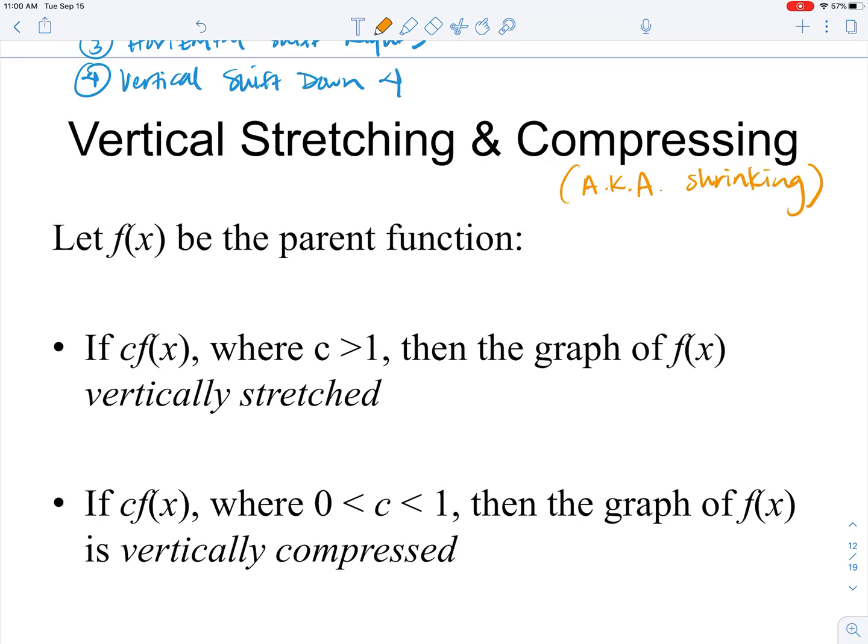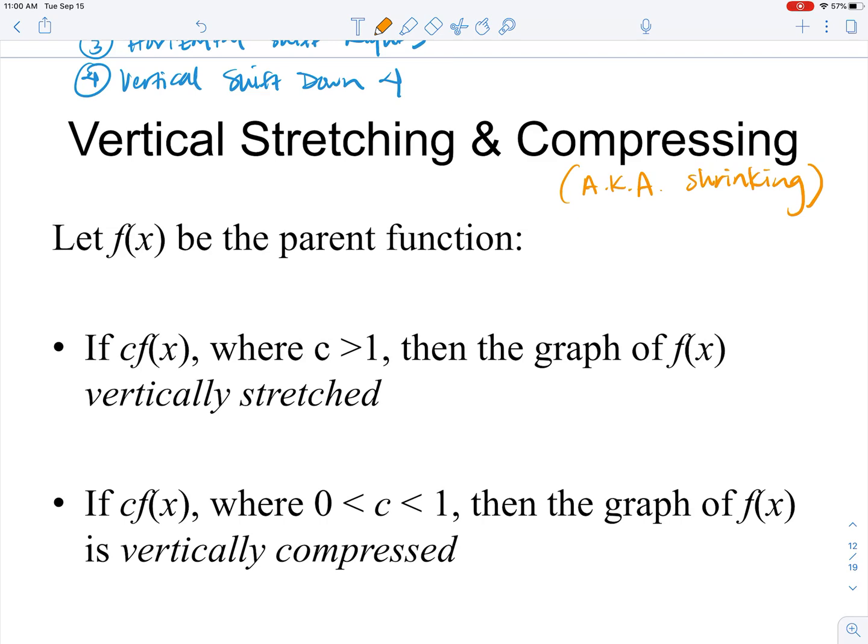So if that constant is 2, 3, 4, 4.5, the y values are going to end up being larger by whatever that factor is. So it will end up vertically stretching the graph.